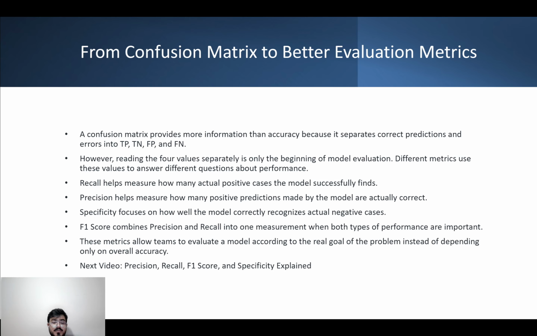Some of the most important metrics are recall, precision, specificity, and F1 score. Each one focuses on a different aspect of model performance and helps us evaluate the model from a different perspective. In our next video, we will learn precision, recall, F1 score, and specificity explained. Let's move to the next slide.